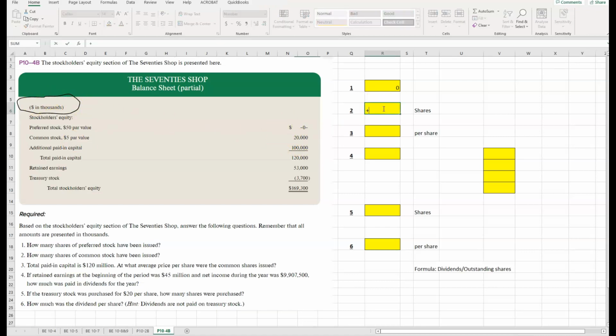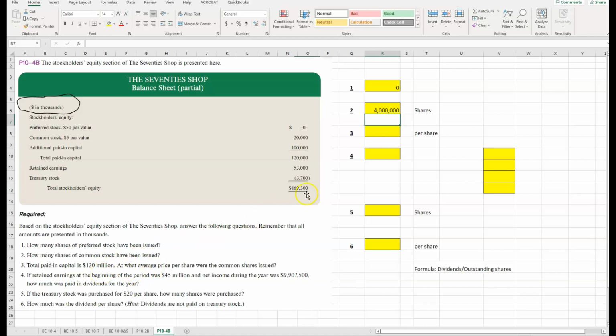So 20,000 plus another 3 zeros, divided by the par value of 5, gives us 4 million shares. You can actually just take 20,000 divided by 5 and then add 3 zeros to it. In any case, the final answer needs to have that extra 3 zeros.